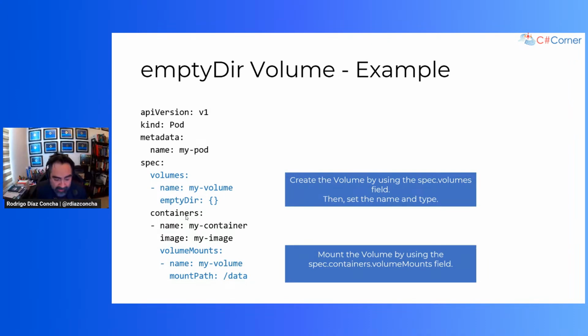And I'm mounting that inside the data folder inside this particular container. In other words, if I navigate to the container instance, I will see the data folder, okay? I will see that particular folder that I defined in this manifest, okay?